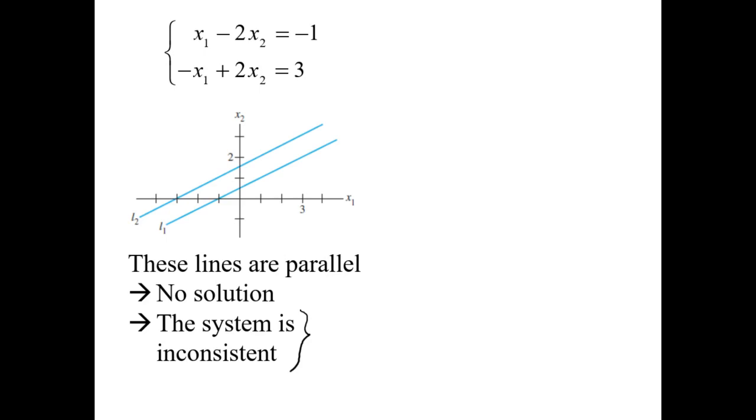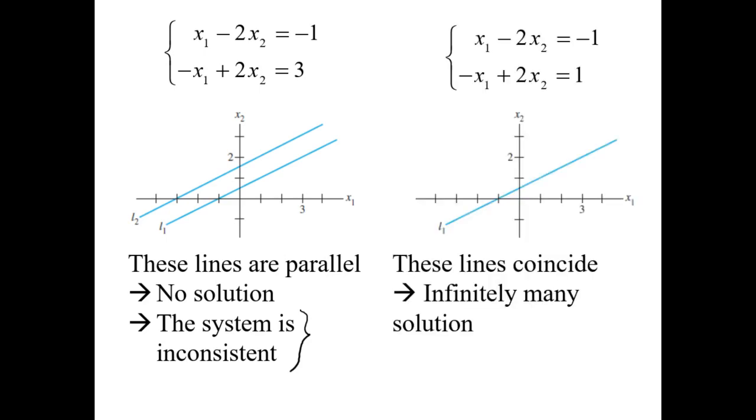The third possibility is, what if you graph the two lines and they actually end up being the same line? The two lines coincide; they overlap each other. In this case, there are infinitely many solutions. Now, no solution we said is inconsistent. The word consistent means that there is at least one solution.